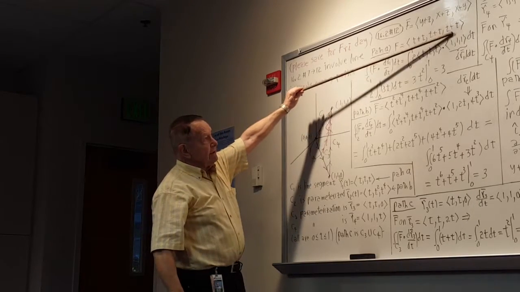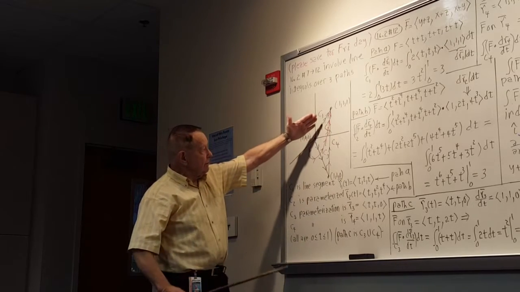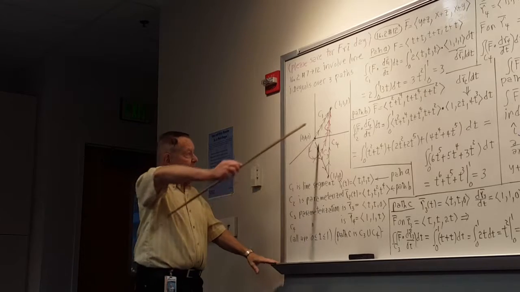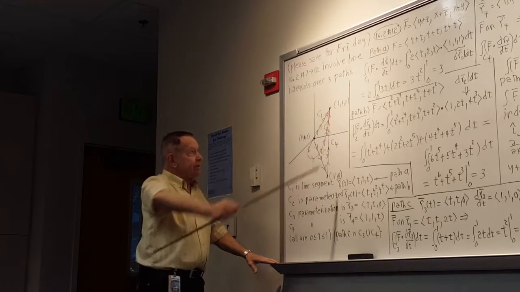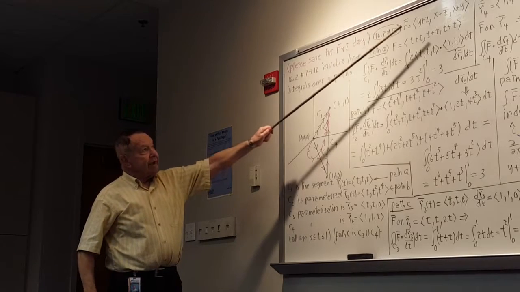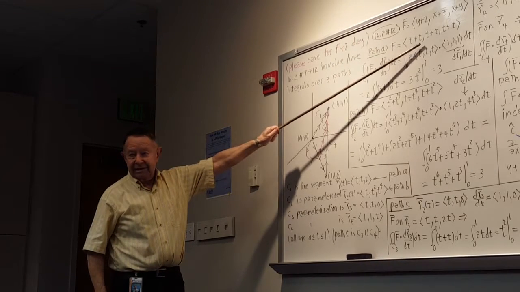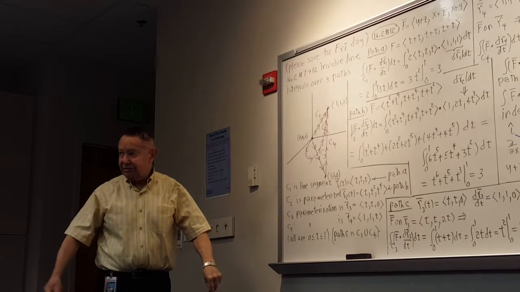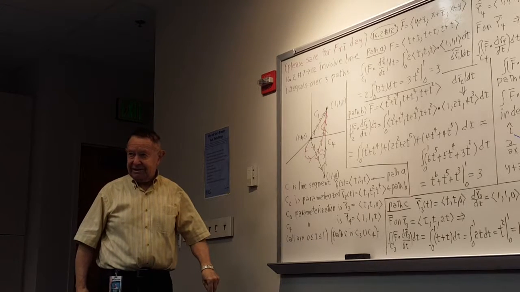So here's your field parameterized according to the path you're on. When you go from one path to another, your parameterization is different, so the way you represent F is different. But it's always in terms of the parameter, t.